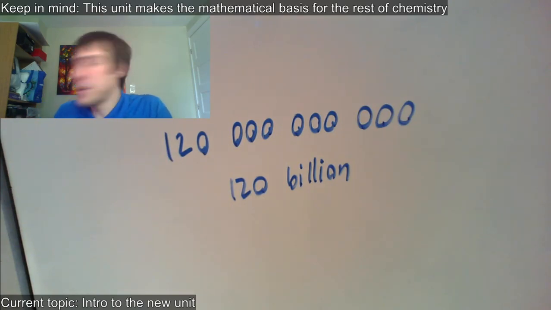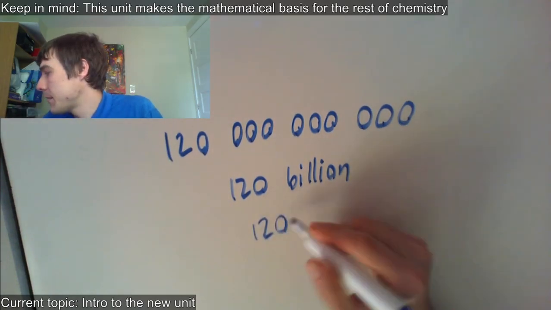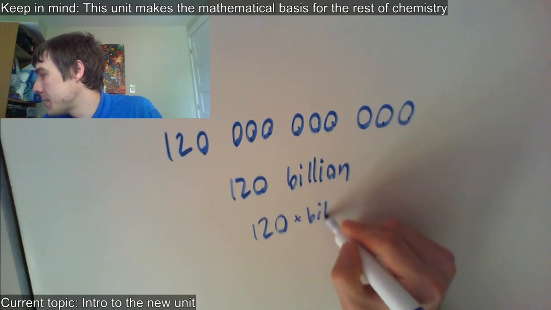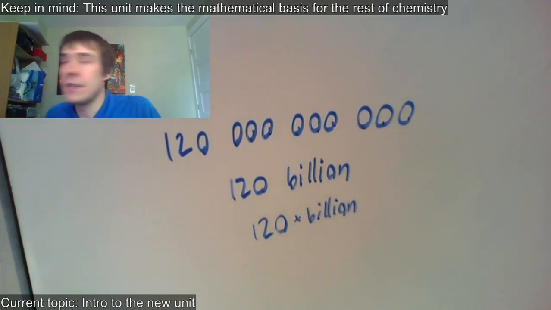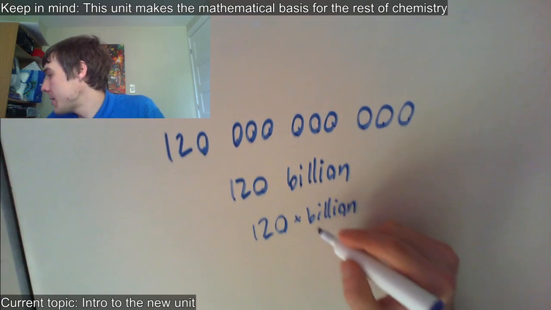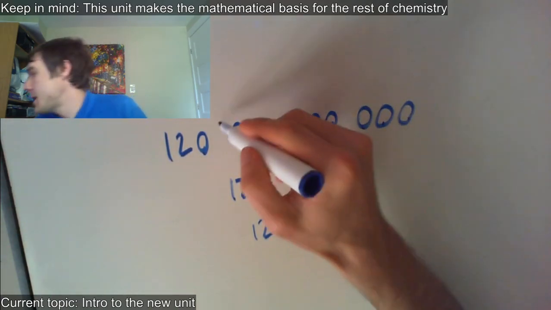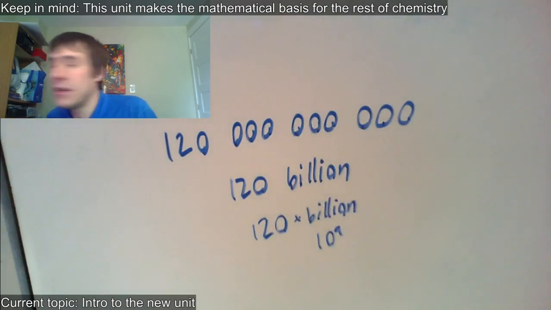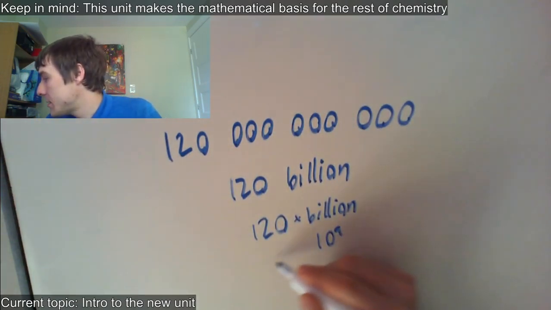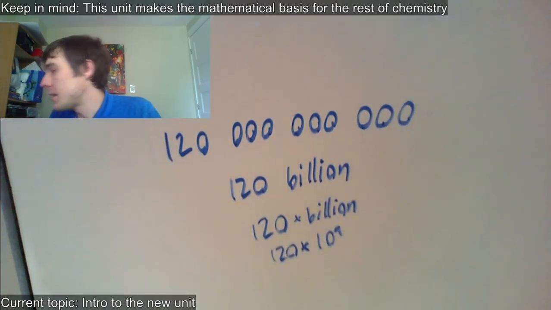We say 120 billion. What we mean is, really, when we break it down, it's 120 times a billion. We have this thing called billion, and we know that billion is 10 to the 9. It's that much. It's the 9 zeros there. So it's 120 times 10 to the 9.